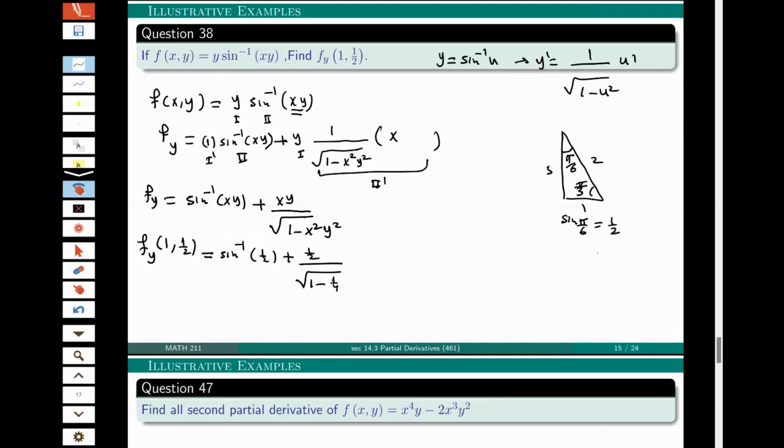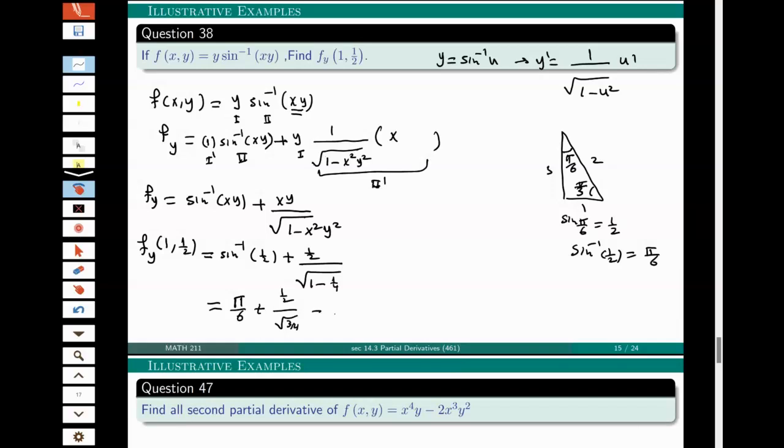So sine inverse of half will be pi over 6. If you put it in your calculator, use the system in radians because this is real numbers, so that will be pi over 6. And here we have 1 half, square root of 3 over 4.